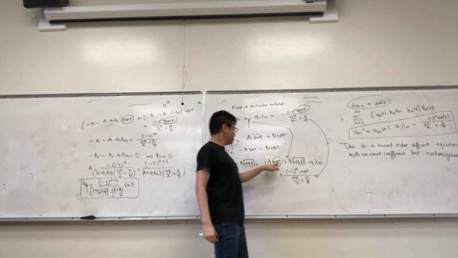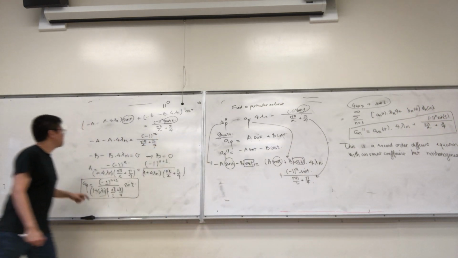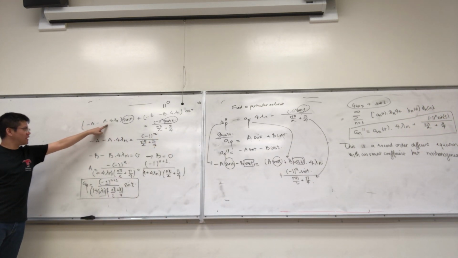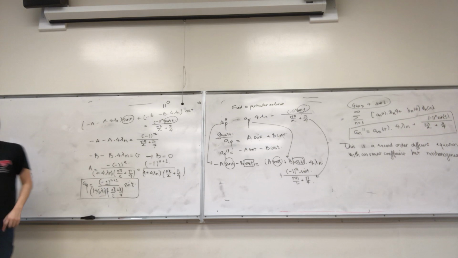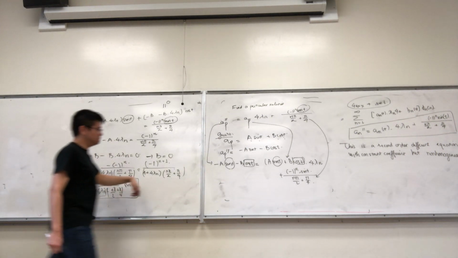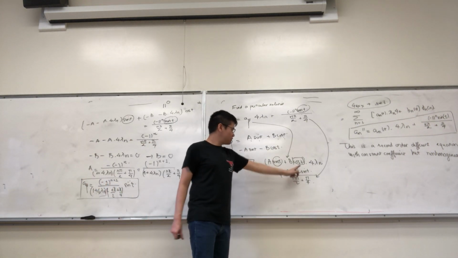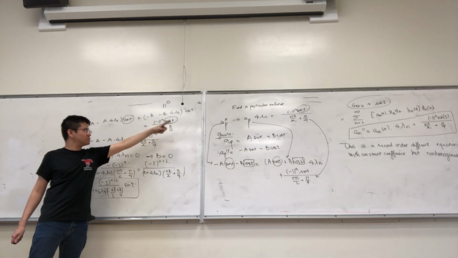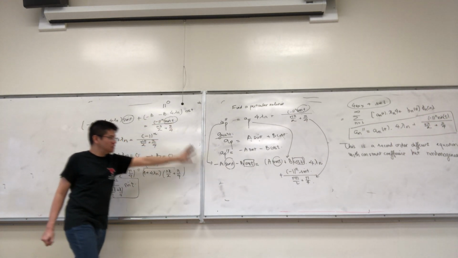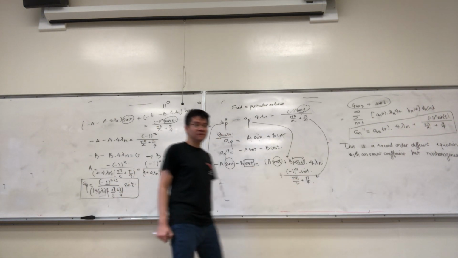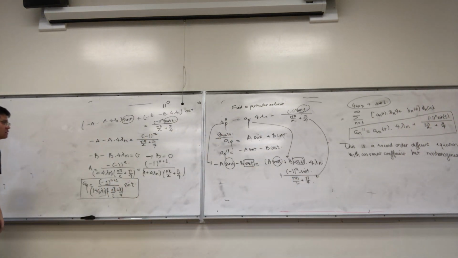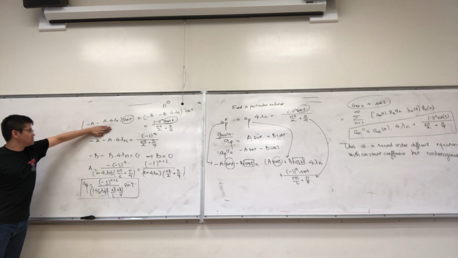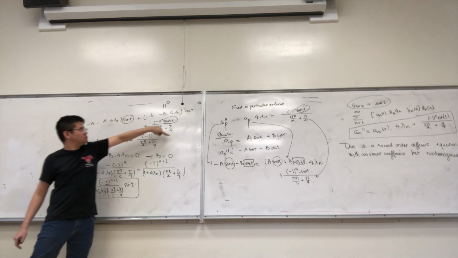The sine here, grouped with the sine here, gives you minus a times 4 lambda n sine t. The cosine here, grouped with the cosine here, gives you minus b 4 lambda n cosine t. And on the right hand side, you still have this sine. Now we have to identify the coefficient. The coefficient here has to be equal to the coefficient here.